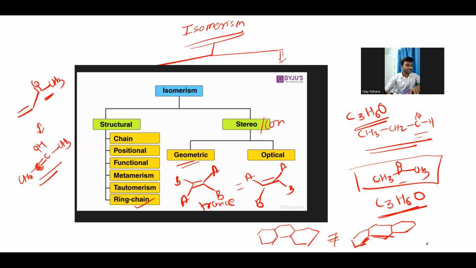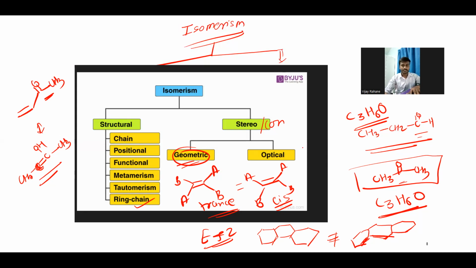Here we can see the A atoms are on one side. They are not opposite each other. So this is the cis form. So this is the cis and trans form. Also there are E and Z. So this is the geometrical isomerism.